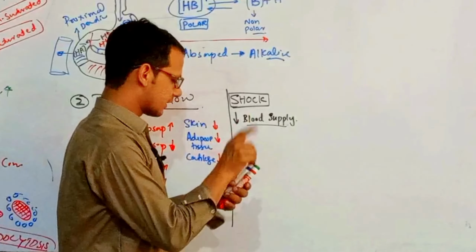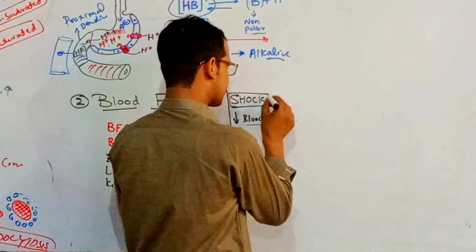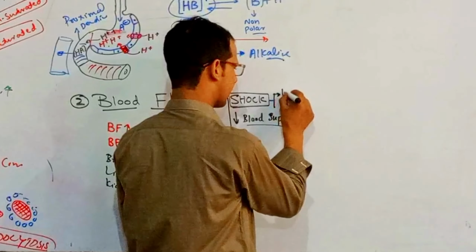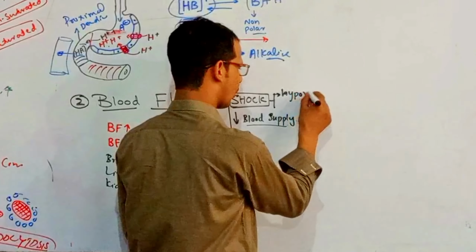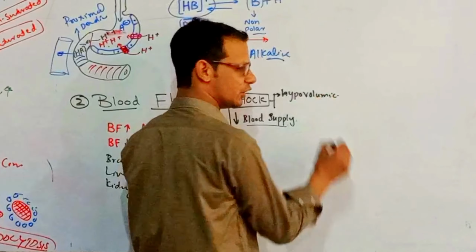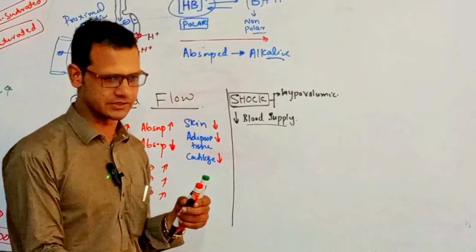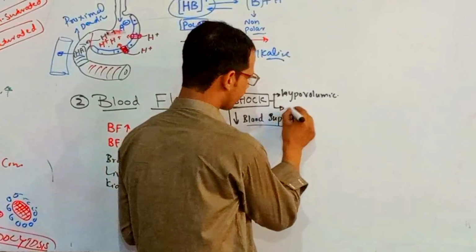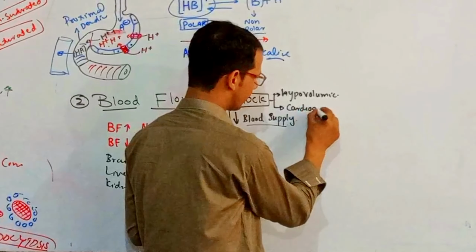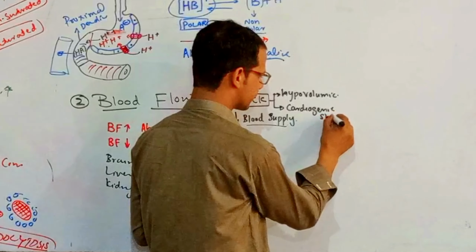If the patient is in two very specific shocks, hypovolemic, where body fluid is decreasing, and cardiogenic shock, the blood flow will be very low.